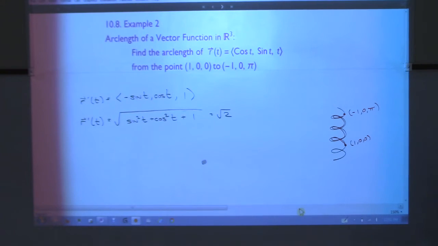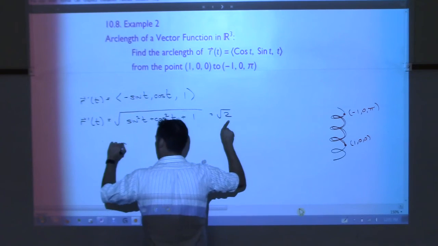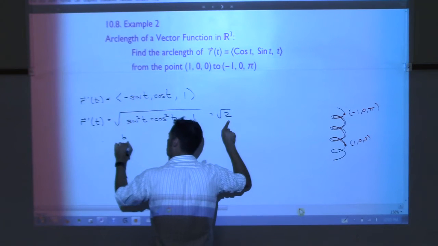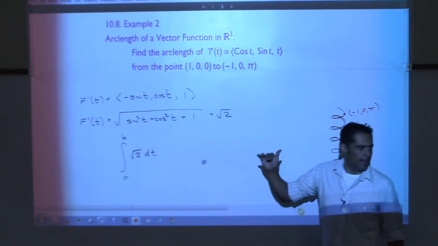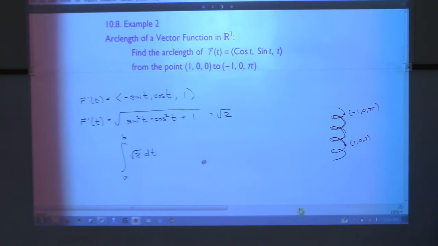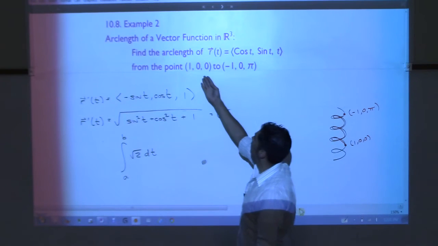Now I'm supposed to integrate this from a to b, root 2 dt. How am I going to figure out what a and b are? What do y'all think? Somehow from these points, but how?